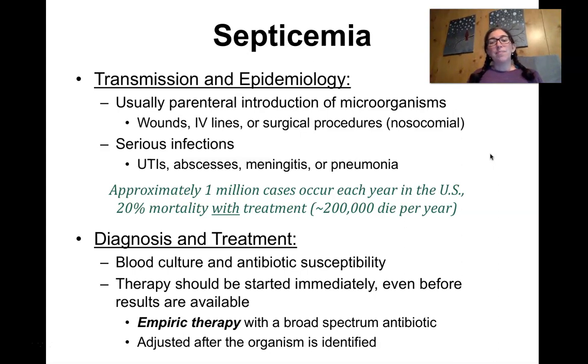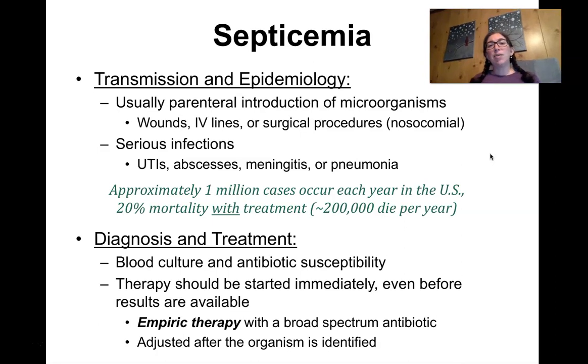I think the most sepsis cases occur nosocomially, in people who are already in the hospital for an infection or for a surgery, and then the bacteria get in because of that. So it's definitely something that people recovering in the hospital have to be monitored for.